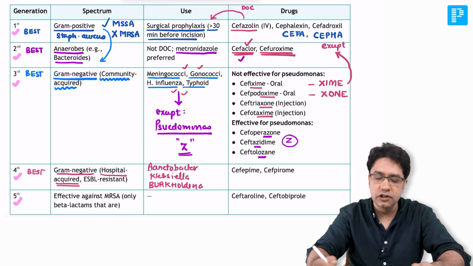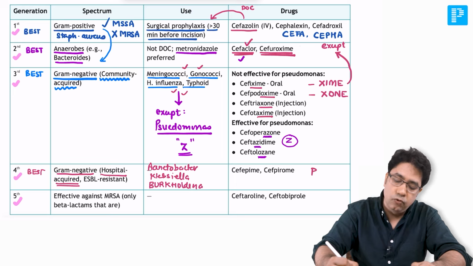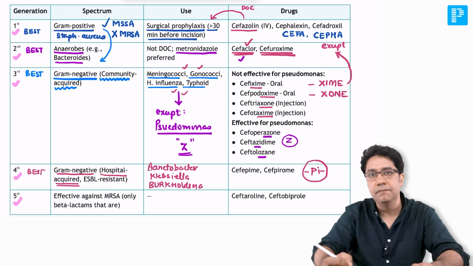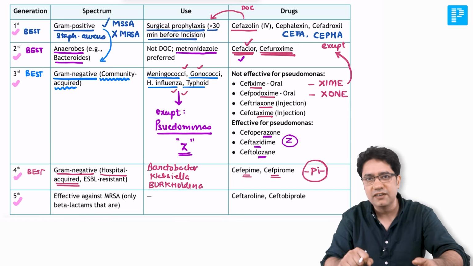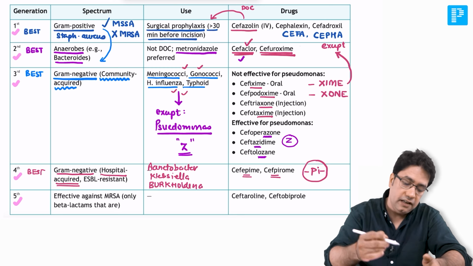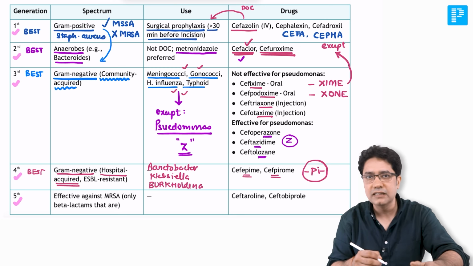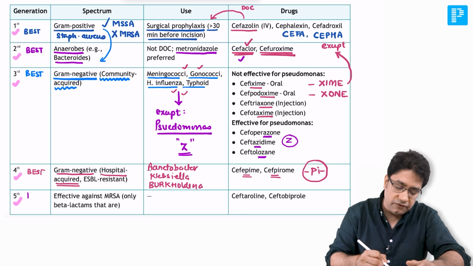Here we give fourth generation cephalosporin, and how do we identify their name? Identify the word pi in them. So if I ask you, cefepime, cefepirome, they will be fourth generation for gram-negative hospital-acquired infection. Now the last cephalosporin is the fifth generation cephalosporin.